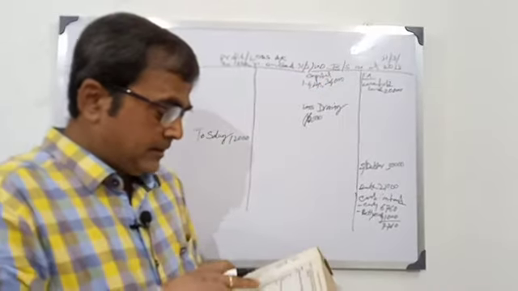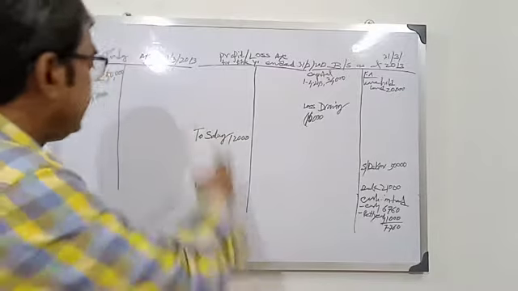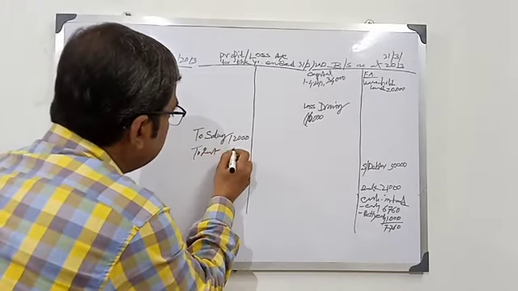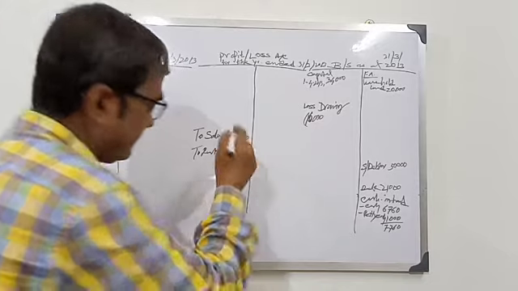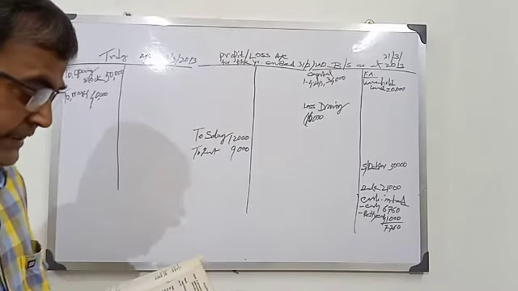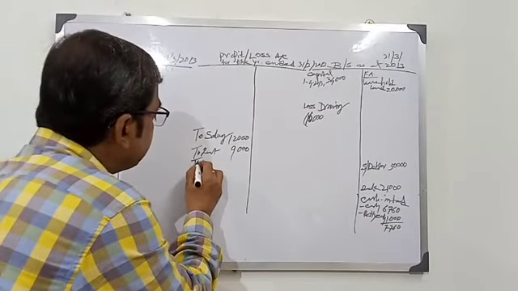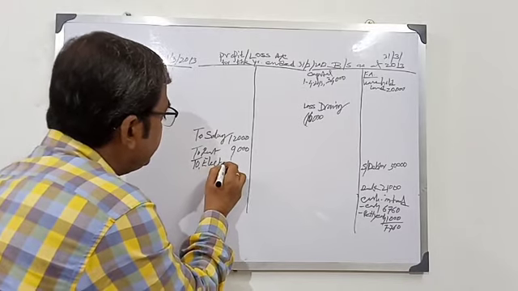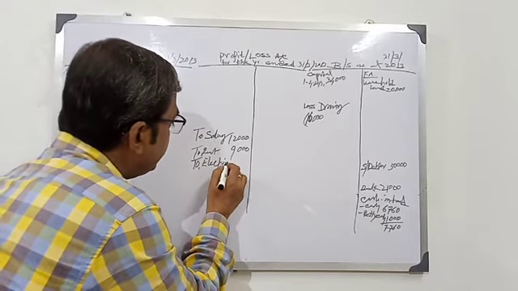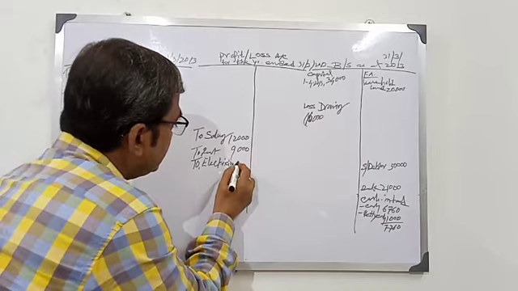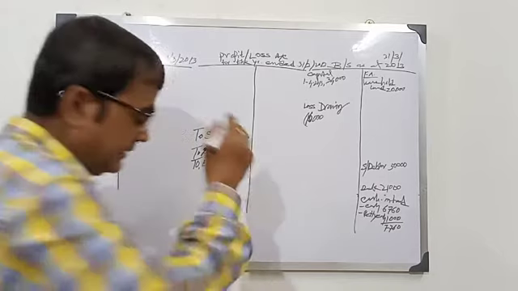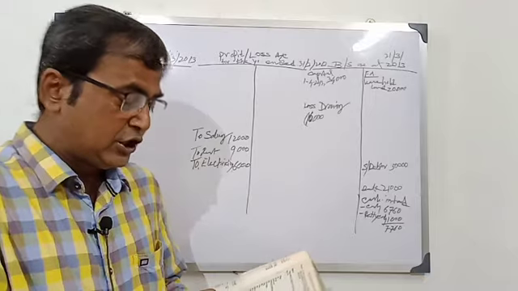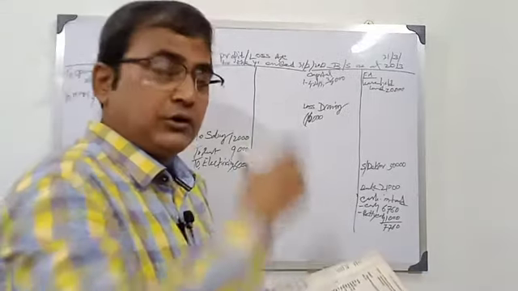Now rent is 9,000 given. Indirect expenses, to rent 9,000. Now electricity 6,000, to electricity, indirect expense, 6,000. Now you are given motor car. Motor car is a fixed asset, 10,240.